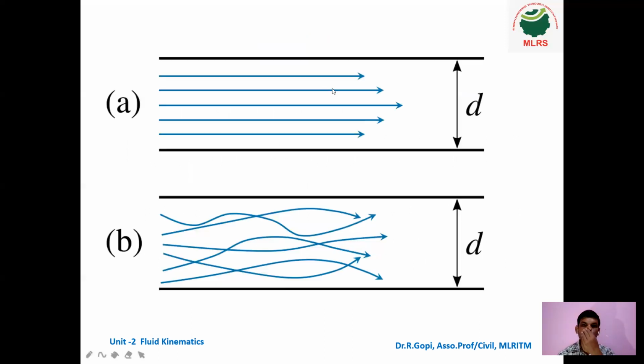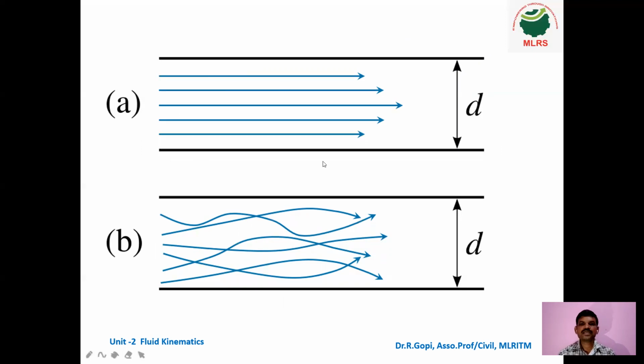From this figure, you can easily understand. This is the diameter of the pipe. There are two pipes here. You can see there are different layers of fluid, and each fluid particle in a layer is moving along a well-defined path. Well-defined path means moving along a straight line.